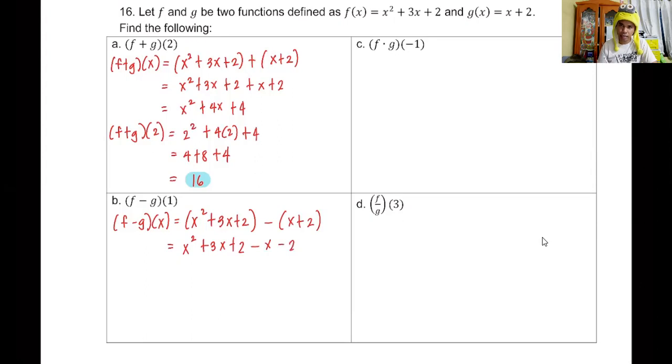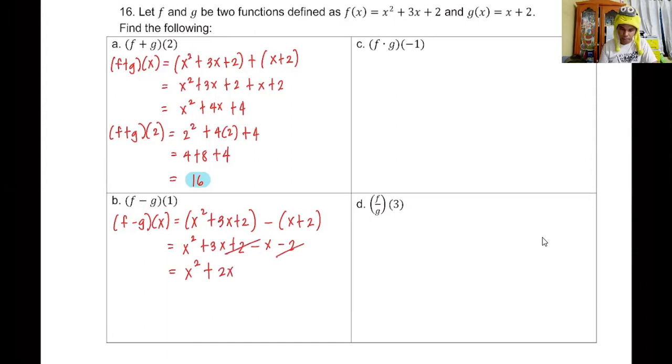It's not just the x that changes sign, but also the 2. Okay? So what happens next is, this is x squared, 3x minus x is 2x, so plus 2x, and then 2 or negative 2 cancels out.